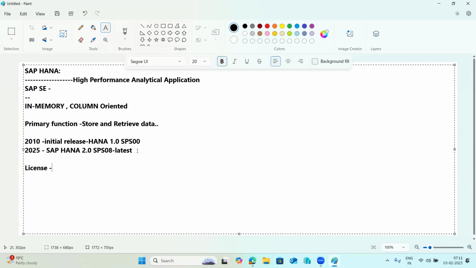HANA is not SAP's first database development. HANA is SAP's in-memory, successful database. Before HANA, a number of technologies were developed and acquired by SAP SE.